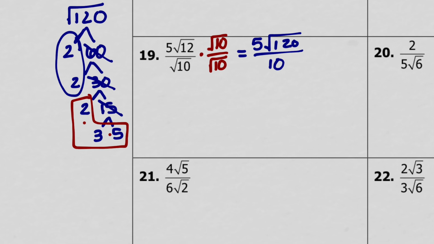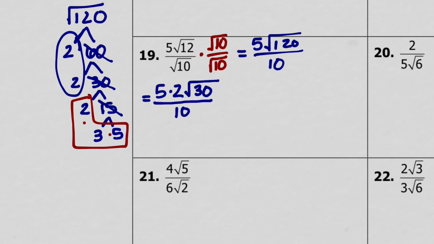Okay, so square root of 120 is what I simplified, so if I rewrite what I have, I still had a 5 in front of that square root of 120. I circled a pair of 2s, so a 2 is coming out, so 5 times 2. Inside the square root, I have 2 times 3 times 5. 2 times 3 is 6. 6 times 5 is 30. So I still have a square root of 30.